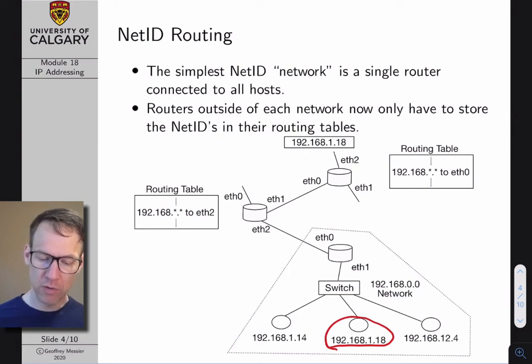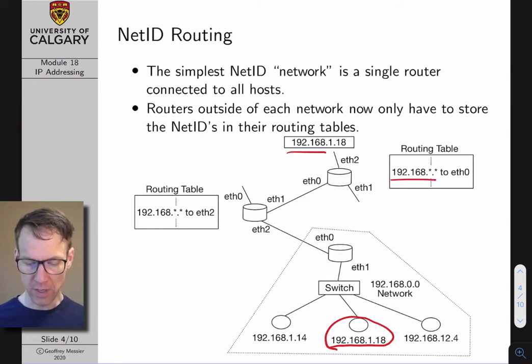Instead, the router just looks at the network ID 192.168 and finds the entry in its routing table for 192.168. And so this notation is basically trying to say that any address that starts with 192.168, regardless of the host ID, is sent out on network interface 0. And so the packet is sent in this direction.